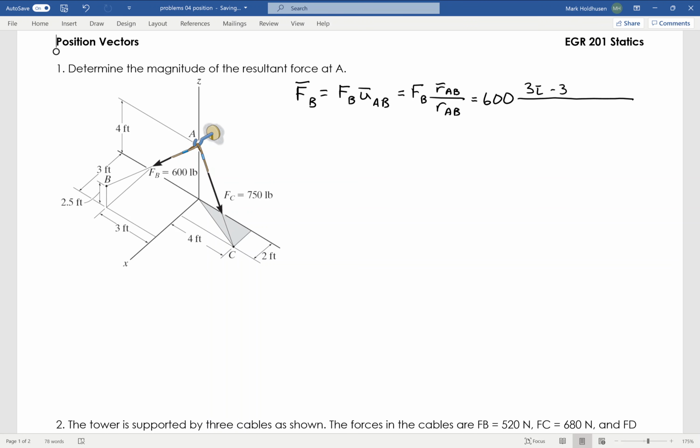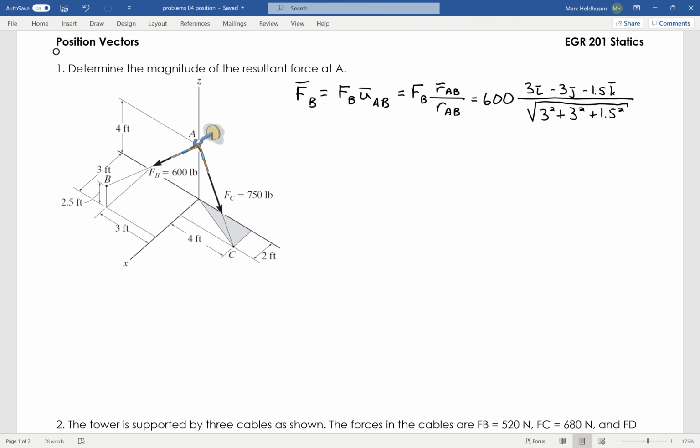And then going down, I go from 4 down to 2.5, so I go down 1.5 feet in the k direction. And I take that times the square root of 3 squared plus 3 squared plus 1.5 squared. That's the magnitude of that position vector from A to B. So if I took a tape measure from A to B, that's that straight line distance.